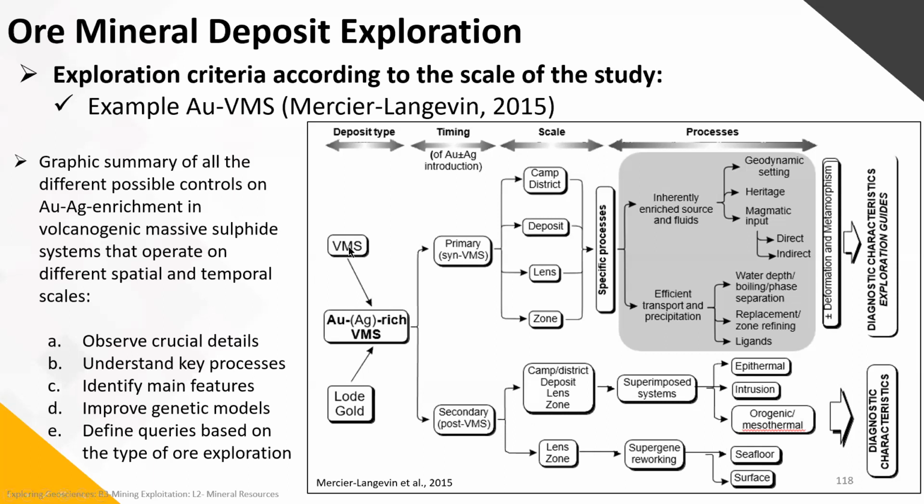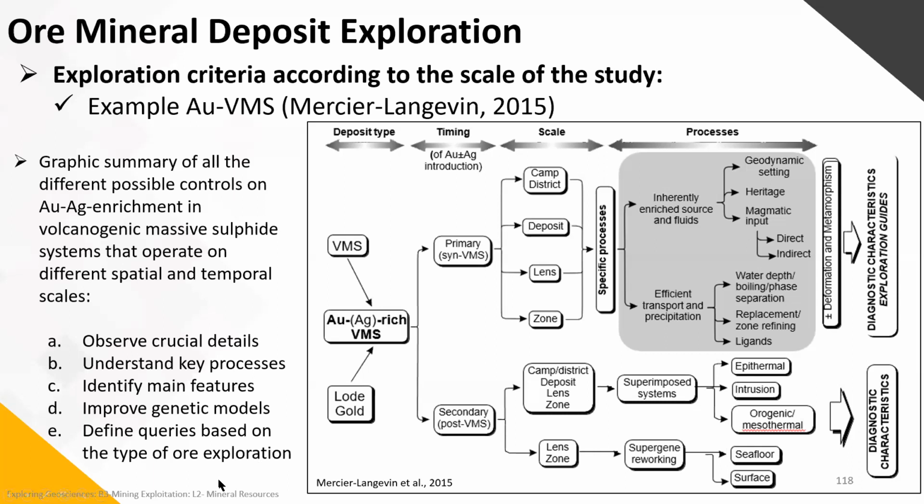Are we within a VMS environment, a gold-silver rich VMS environment? Are we within lode gold? What are we seeing in the field to give us hints of what kind of processes we are working in? Which kind of metal formation process are we witnessing, and so on.